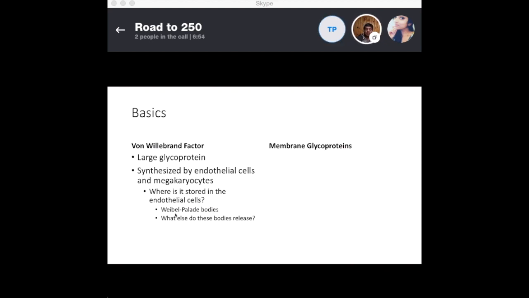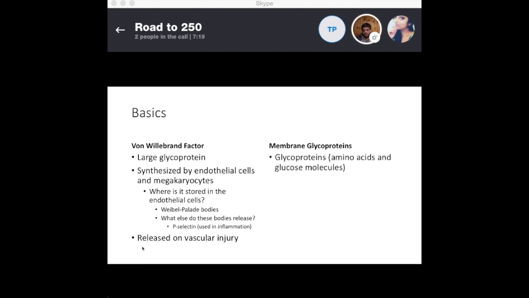That is correct, in a sense, but these bodies release something specific. It's part of the inflammation process. It's P-selectin. So P-selectin is also released from these bodies, and it's used in inflammation. And von Willebrand's factor is released on any vascular injury.